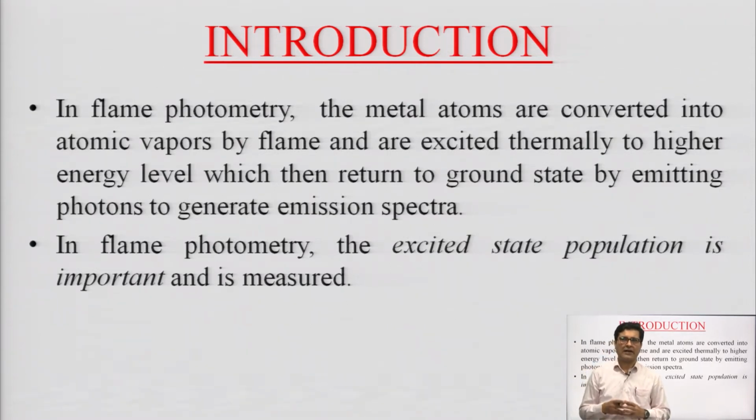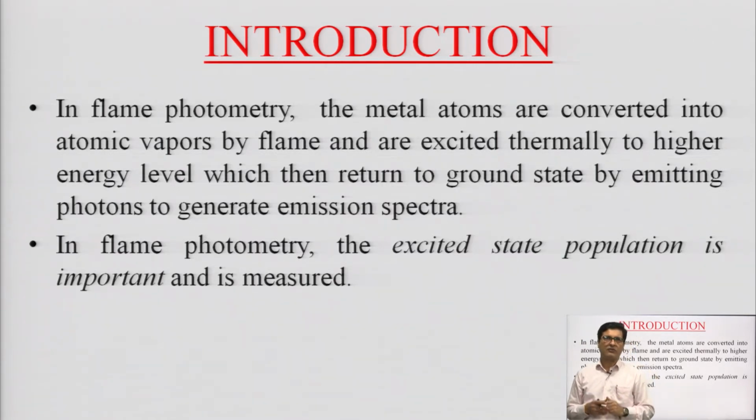So any atom that has gone to the excited state has to come down to the ground state, and during that path the amount of energy that was absorbed by the metal will be emitted. That emission is observed by the instrument called a flame photometer.